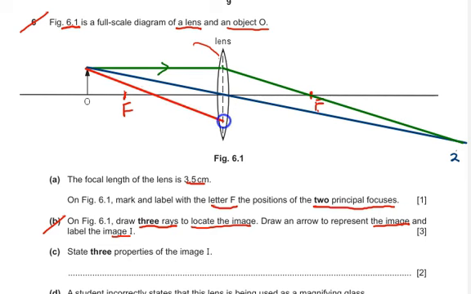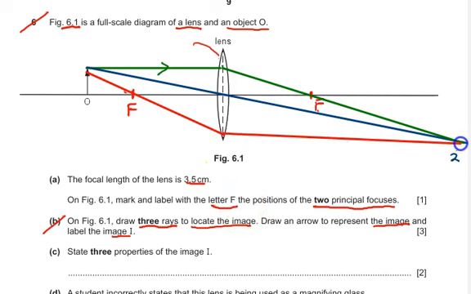This is the line, straight to the left. After you have drawn the first one, make sure you draw a straight line toward this. Now let me draw the arrow.